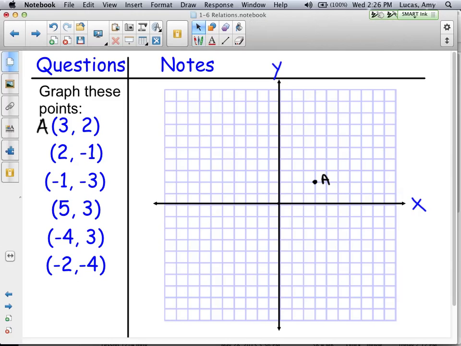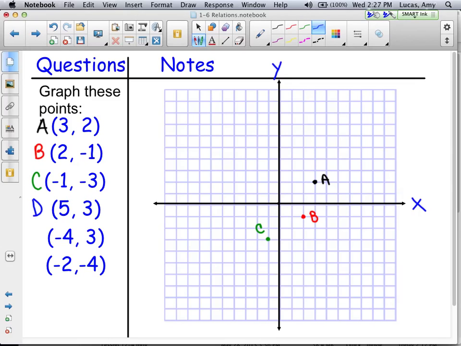My next ordered pair is 2, -1, positive 2 means I'm going to go to the right 2 for my x-coordinate. -1 for y is down 1. So 2, -1, label with the letter B. C is -1, -3. On the x-axis, an x-coordinate of -1 means you go to the left one, and then y-coordinate -3, down 3, -1, -3, label it with C. 5, 3 will be D. Positive 5 means right 5.